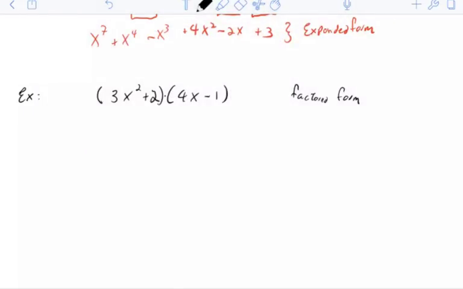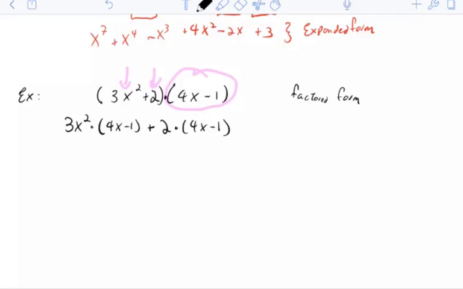So this particular expression is a shorthand for a procedure. Essentially, what this is shorthand for is we're multiplying this term by both of these terms, one after the other. Okay? So I want to rewrite this expression. First I'll write it as 3x squared times 4x minus 1, and then 2 times 4x minus 1.